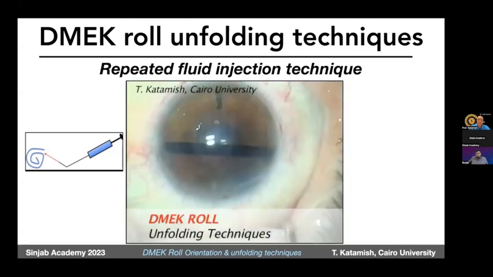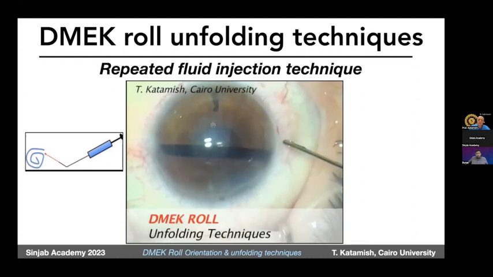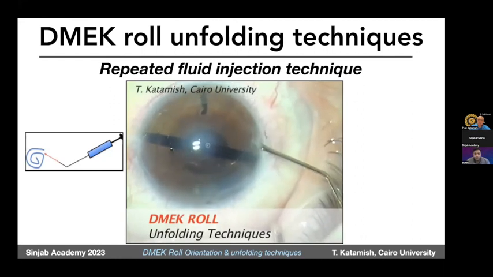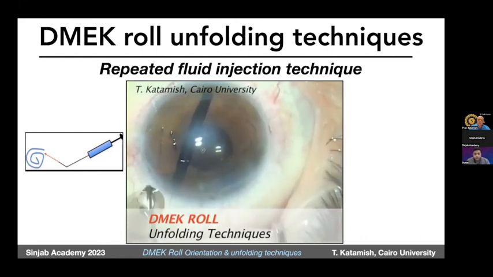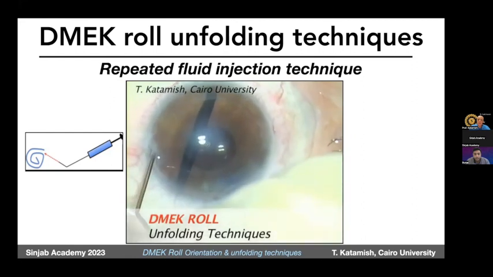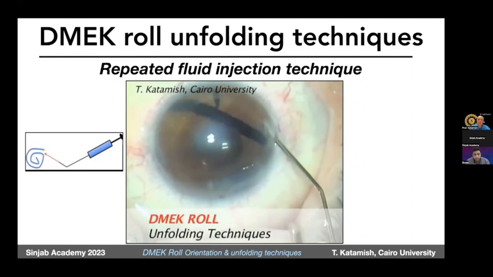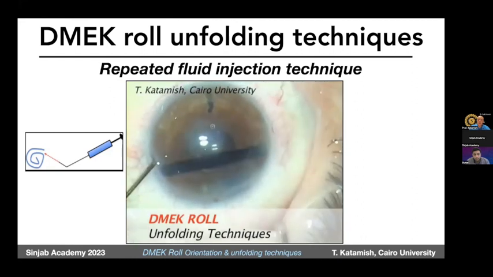Another example for the repeated fluid injection technique: you see this very tight roll. You will think it will never unfold, but with some patience, some injection of fluid, as you see, and directing fluid in a certain direction, you will be astonished that you have the DMEK graft open now.